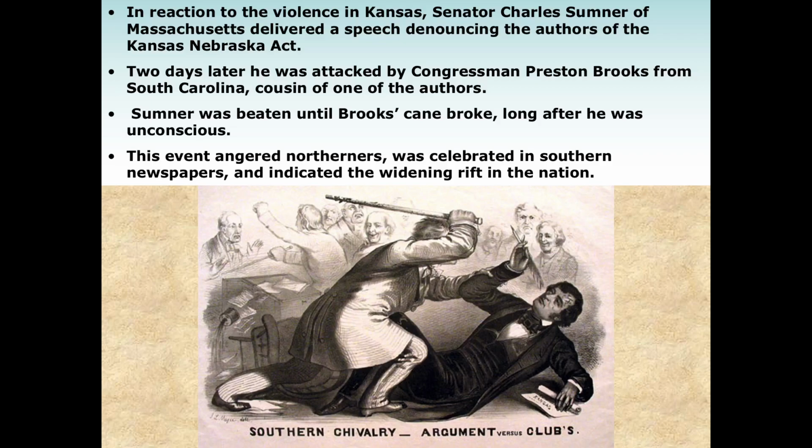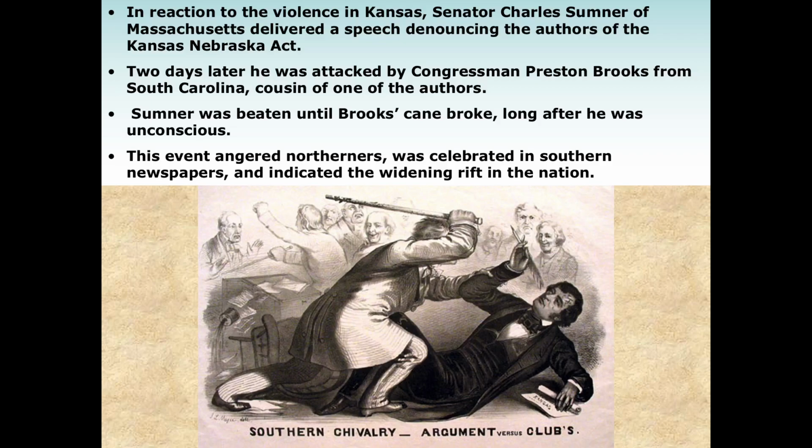Beats him unconscious till he breaks his cane. I mean, this is just the beat down of the century in Congress. This is what's going on. Last time we talked about Senator Foote pulling a gun on Senator Benton. And here we go. Now we got an actual beat down by Preston Brooks on Charles Sumner.